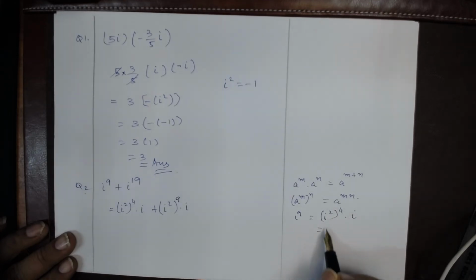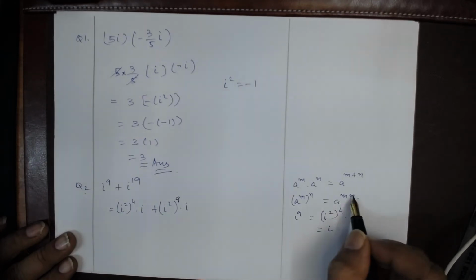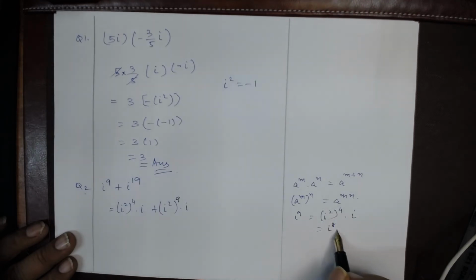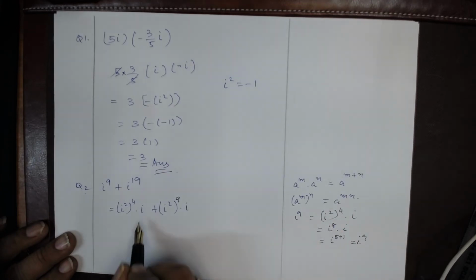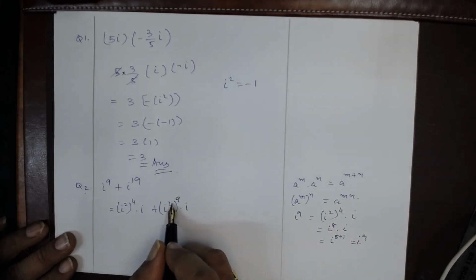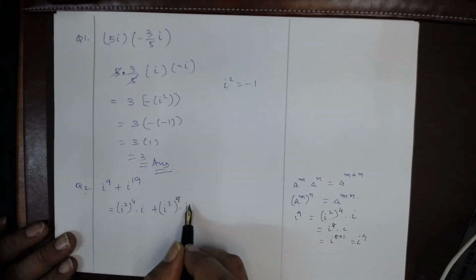It means I applied this formula: 2 4s are 8, into i. So a to the power m into a to the power n is m plus n, therefore i to the power 8 plus 1, that is i to the power 9. So this is the equivalent I have written. Similarly, (i squared) whole to the power 9 means 9 2s are 18, and you have got 1, so 18 plus 1, 19. Are you able to follow?